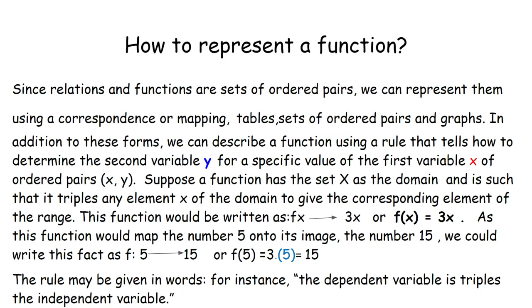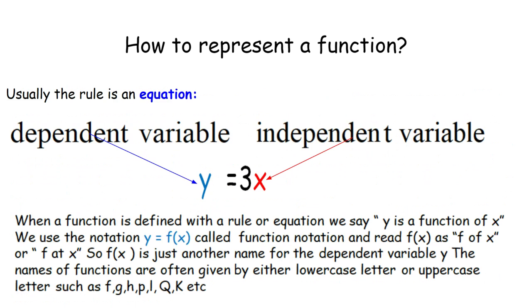The rule may be given in words. For instance, the dependent variable triples the independent variable. Usually the rule is an equation: the dependent variable y is equal to 3 times the independent variable x. When a function is defined with a rule or equation, we say y is a function of x.